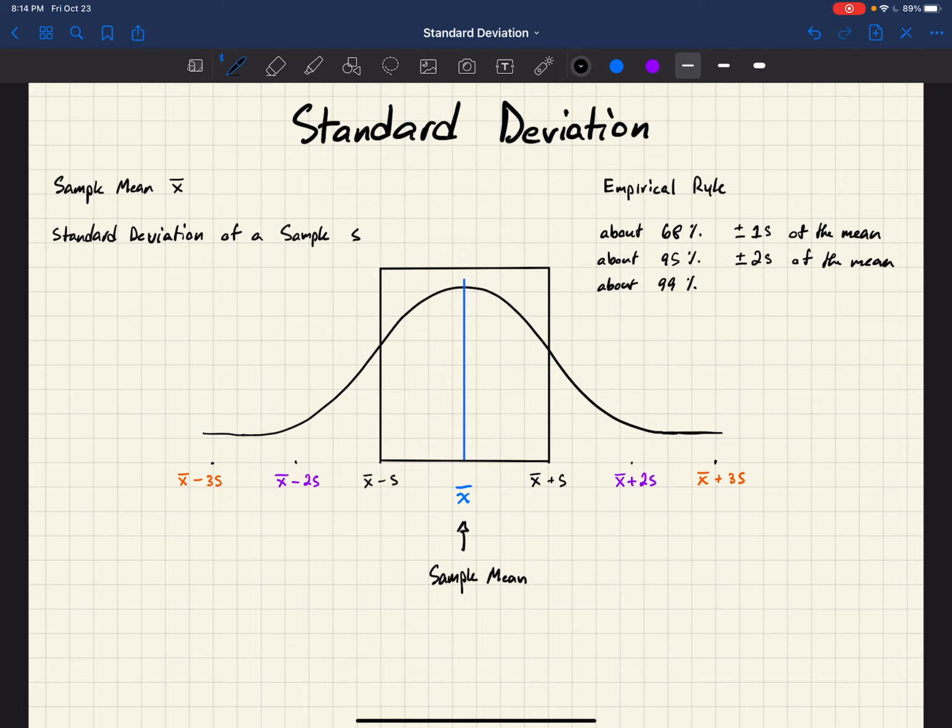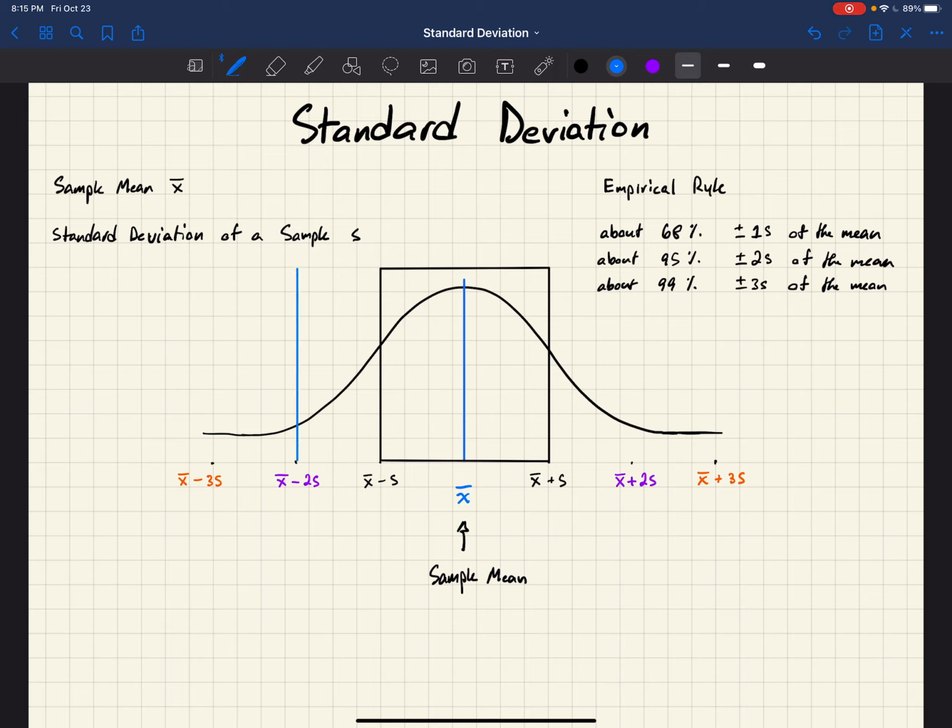If you're working out problems, you may want to double check. Sometimes books say about 99.7%, but you just have to double check to be sure. That will be within 3 standard deviations of the mean. So let's look at 2 standard deviations below the mean.